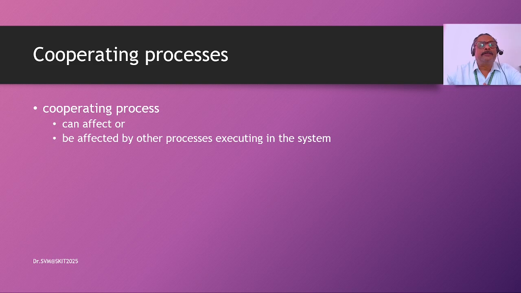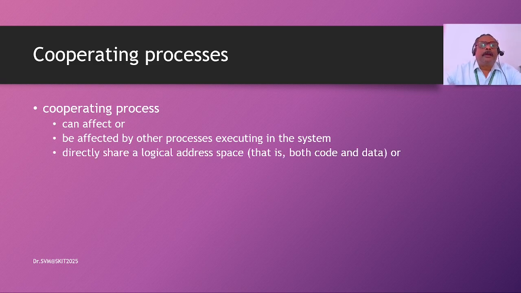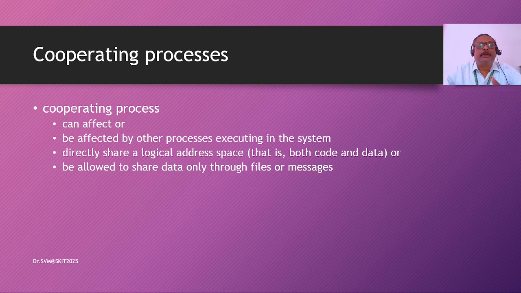A cooperating process can affect another process in the system, or may be affected by other processes executing in the system. And this happens because the resources are either directly shared as a logical address space, that is code and data, or may be allowed to share data only through files or messages.